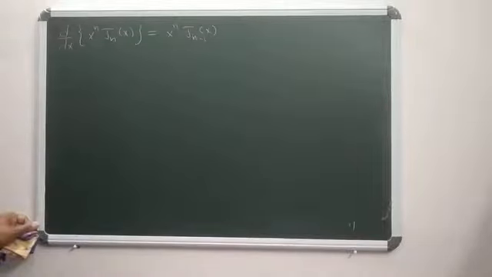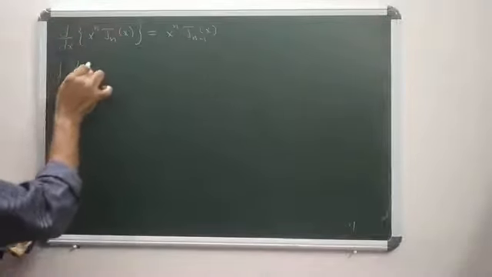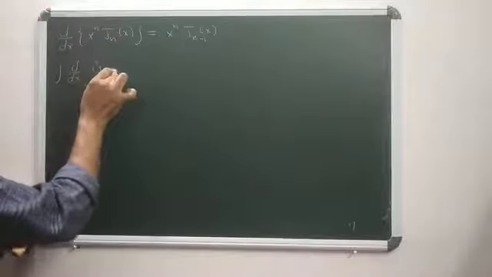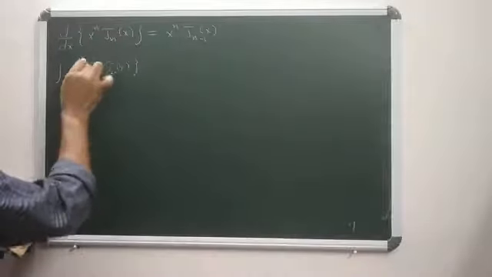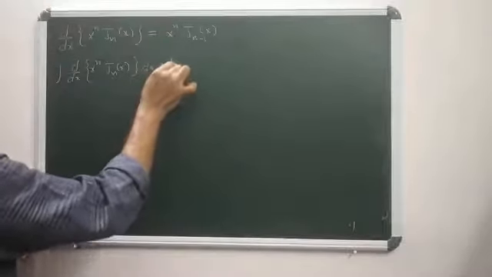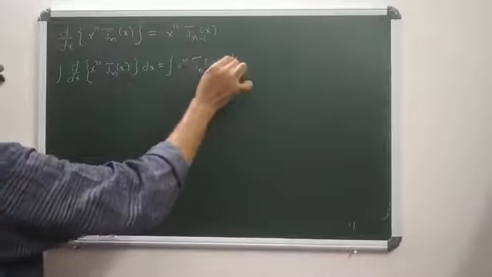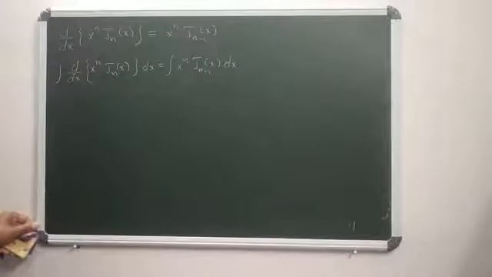So if we integrate on both sides, what do we get? Integral of d/dx of x^n J_n(x) dx equals integral of x^n J_{n-1}(x) dx.